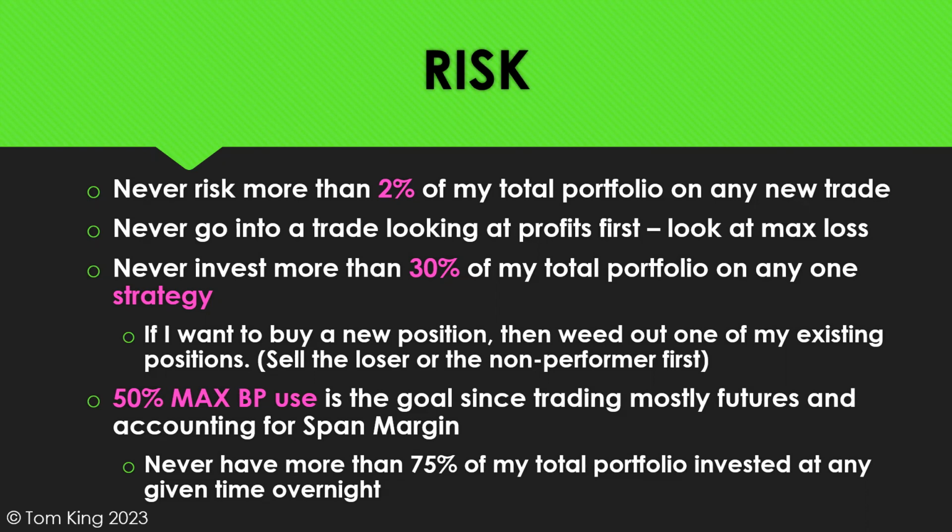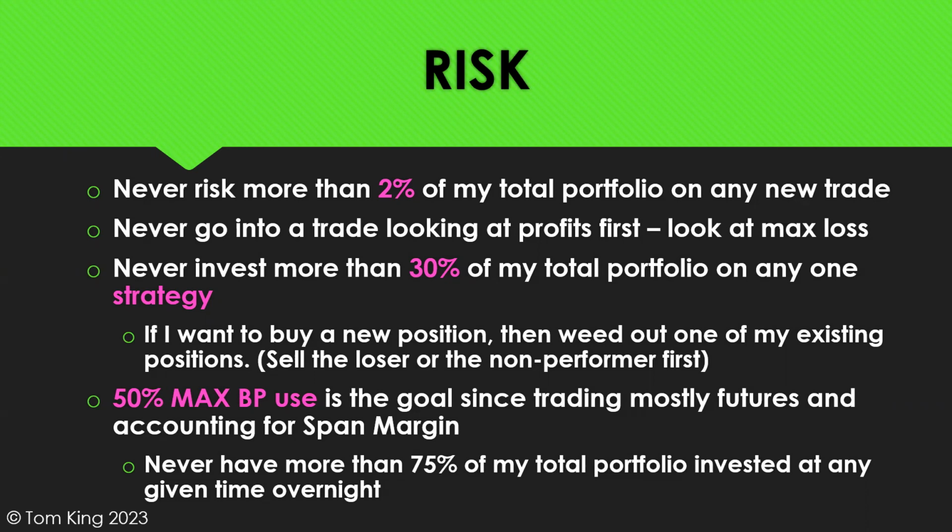When you've got a $10,000, $20,000 account, you're probably going to want to stick around 30% of BP, because span margin can really hammer a small account. If you've got a much larger account, $200, $300, $400 million or more, then that 50% rule is a little easier to take, because span margin won't affect you quite as much, depending on what you have on.